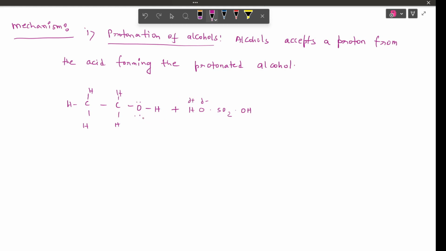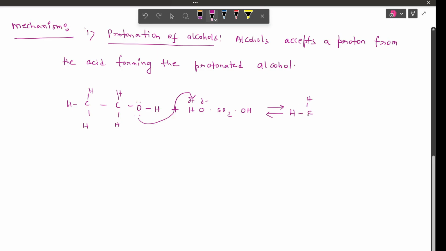And this lone pair will attack here. Then it will be CH3CH2OH with one lone pair and a plus sign.